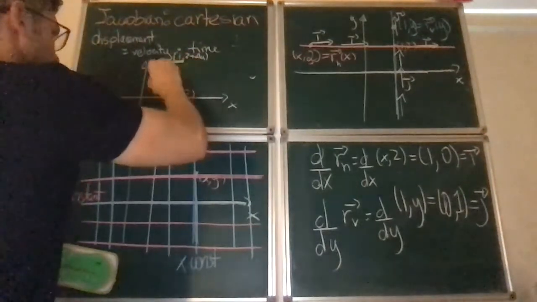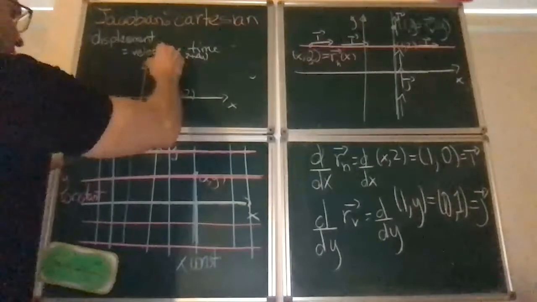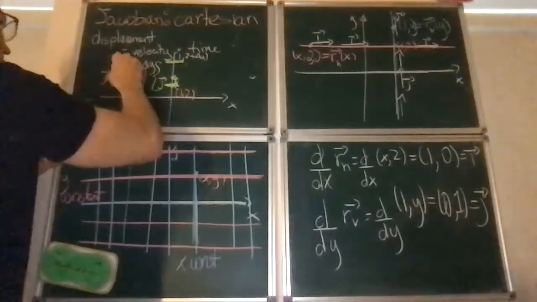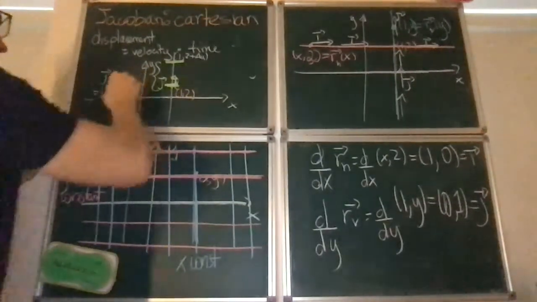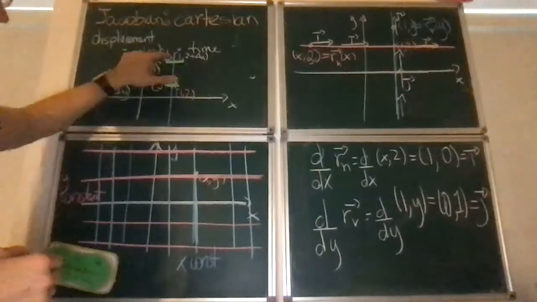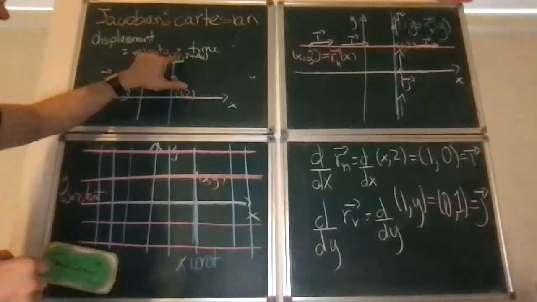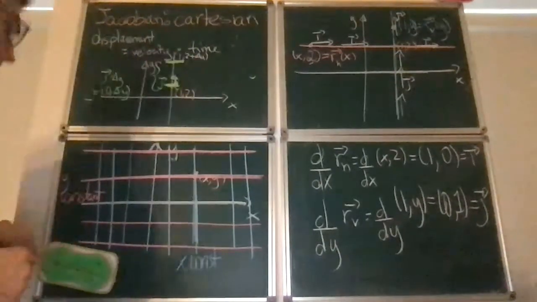Here was a vector j, and here the displacement was j times delta y, which is the vector (0, delta y). So again, the final position is just the initial position plus the displacement, so you end with (1, 2 plus delta y).